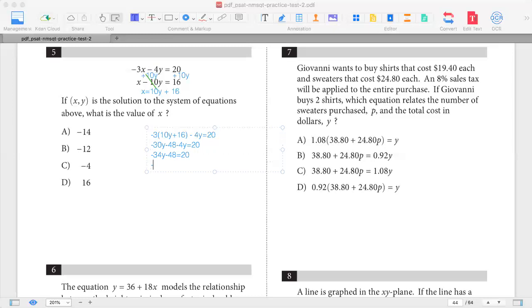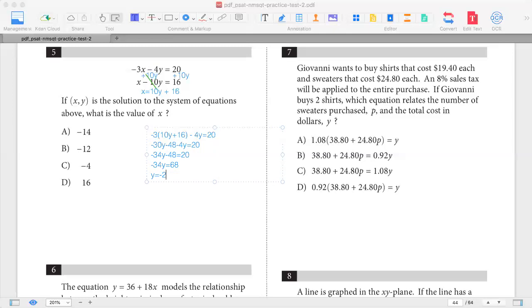So negative 34y is equal to 20 plus 48, which is 68. Okay, so divide both sides by negative 34, so then y is equal to negative 2.